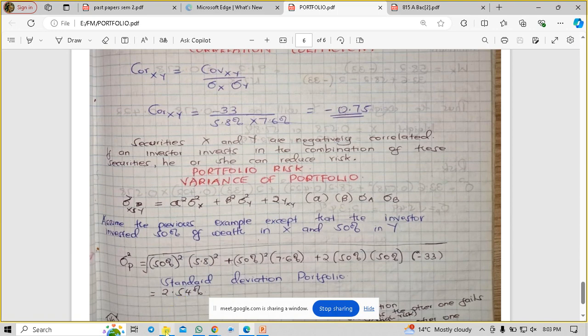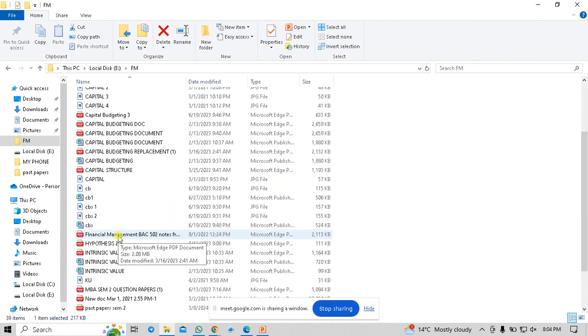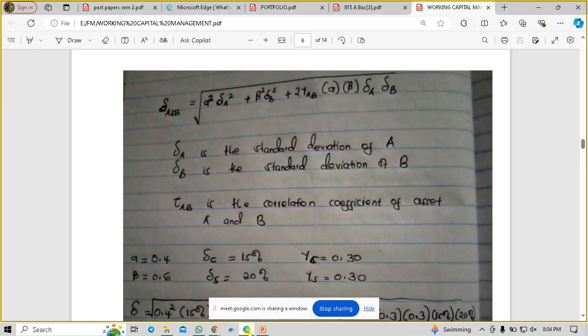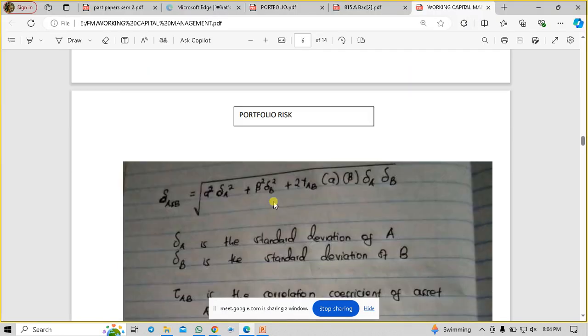I thought that I had opened that document, but ni kama sikufungua. Let me just open it. Variance of portfolio. Yeah, or portfolio risk.